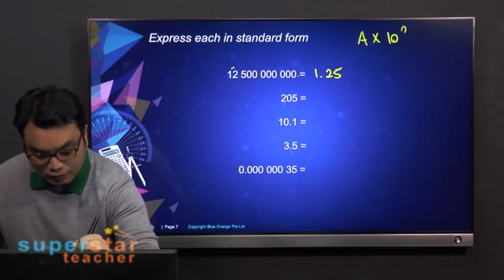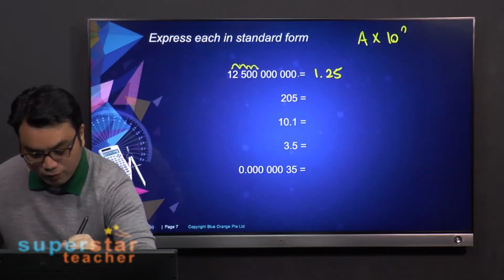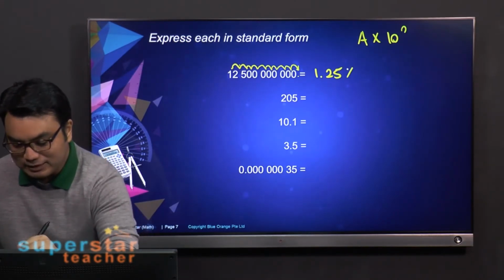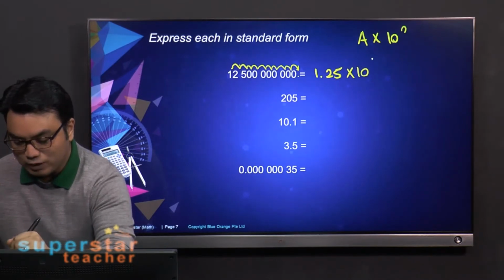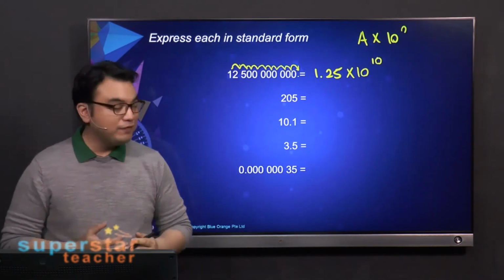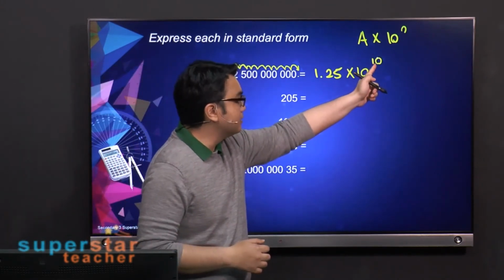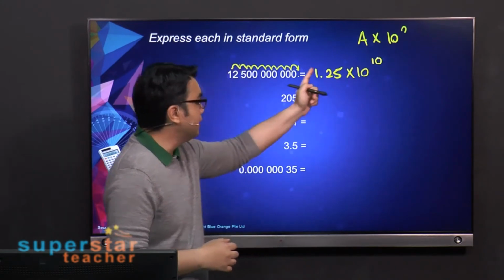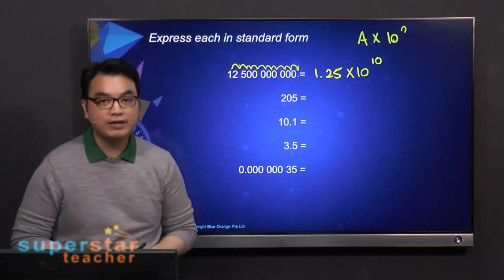You just have to count: 1, 2, 3, 4, 5, 6, 7, 8, 9, 10. This means it is times 10 to the power of 10. So if it's a positive index, the decimal point moves towards the right to get to the actual value.